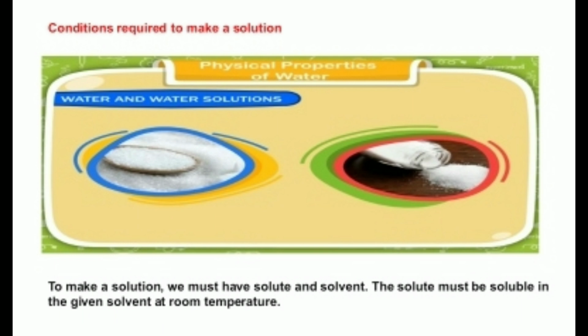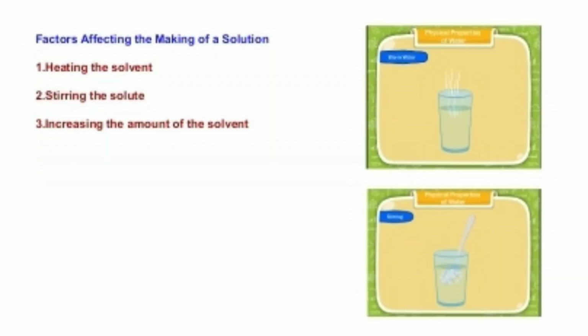Now we will learn about the conditions required to make a solution. To make a solution, we must have solute and solvent. The solute must be soluble in the given solvent at room temperature. Here are some of the factors affecting the making of a solution.